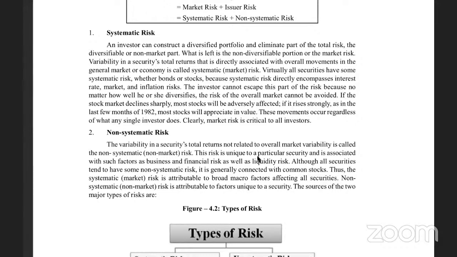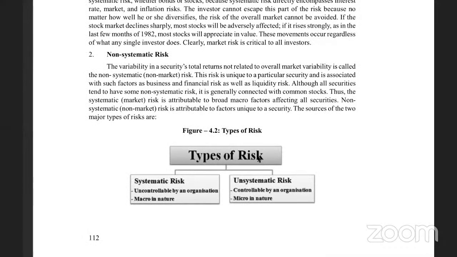The sources of the two major types of risk are systemic risk and unsystemic risk. Systemic risk is uncontrolled; you have no control over the market scenario. Whereas unsystemic risk is controllable and diversifiable.